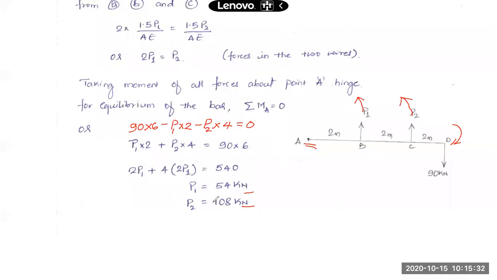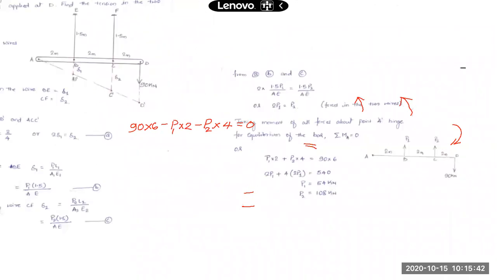I hope it is clear what we did for finding the forces in the two wires. The first thing was this rod, ABCD, hinged at A and connected to two steel wires at B and C. At end D, a 90 kilonewton downward force is applied. What you have to find is the force in these two wires, BE and CF.